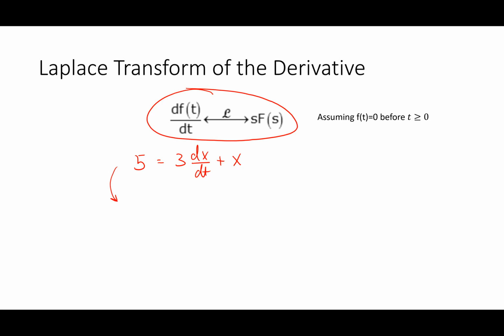How did you guys learn to approach that in differential equations? I would take the Laplace transform of each, and then there's a formula for dx over dt. Yeah, Laplace transform to that.